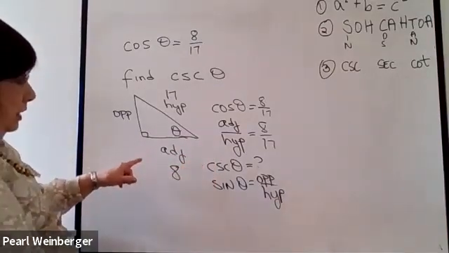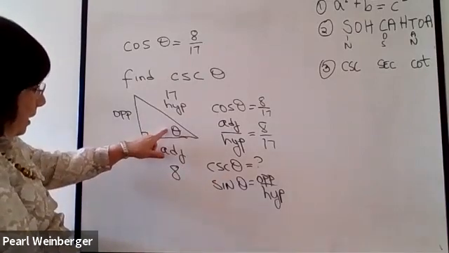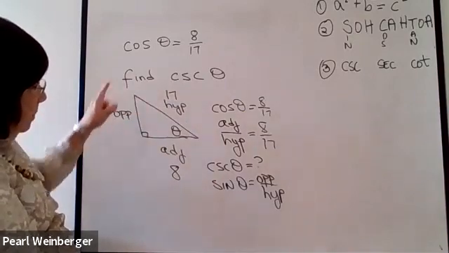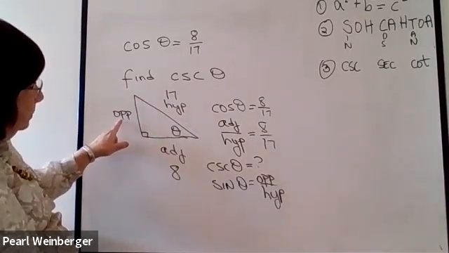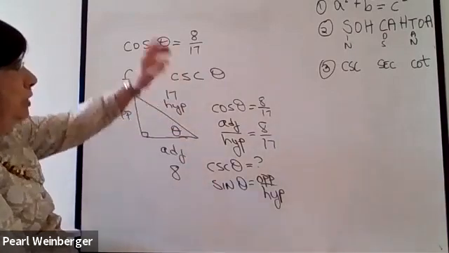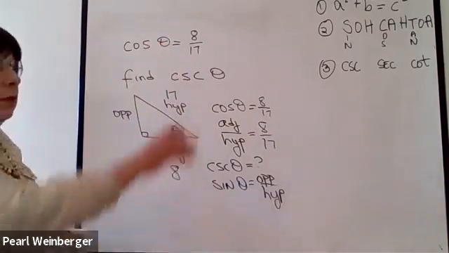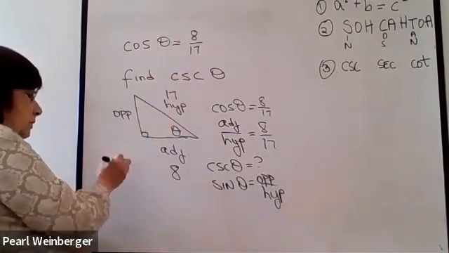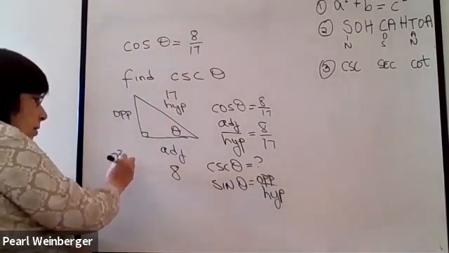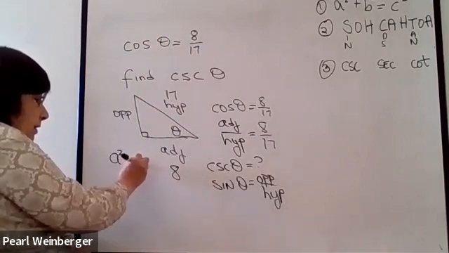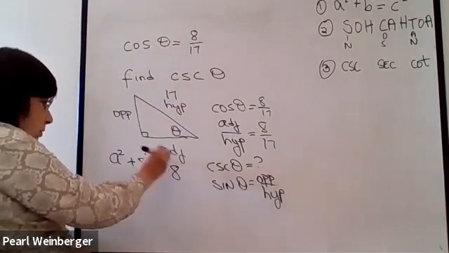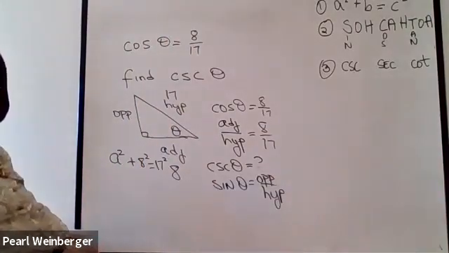So let's see what I have. For my theta, I have a hypotenuse. The hypotenuse is 17. But I don't have what the opposite side is. I only have the adjacent. But that's where my Pythagorean theorem comes into play. A squared plus b squared, well, that's my 8 squared, equals c squared, 17 squared.